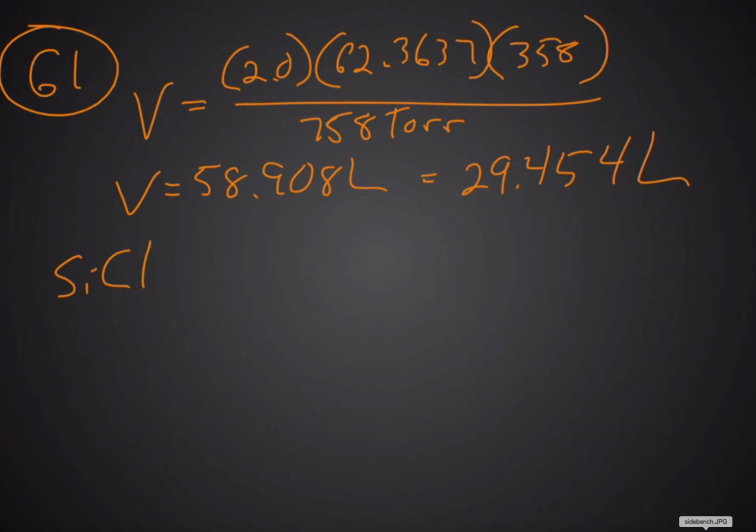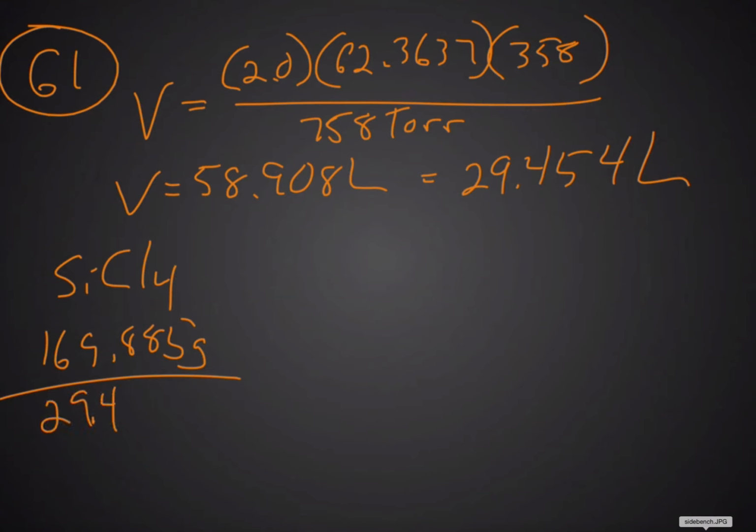So the silicon tetrachloride would have a molar mass of 169.885 grams, and the volume of that gas is 29.454 liters, which gives you a density of 5.8 grams per liter.